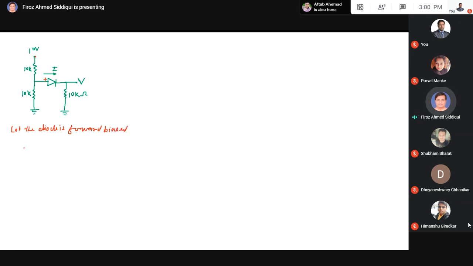And if the diode is forward biased, then what will happen? This 10 volt is connected, so you can consider the ideal diode. So if you draw the circuit once again, considering that the diode is forward biased and it is an ideal diode, what will we get?